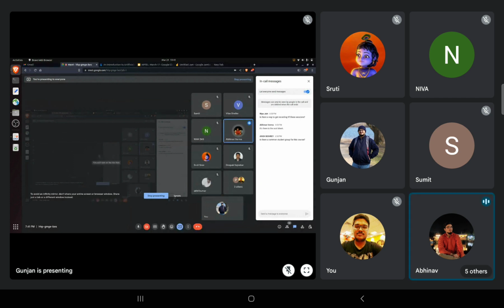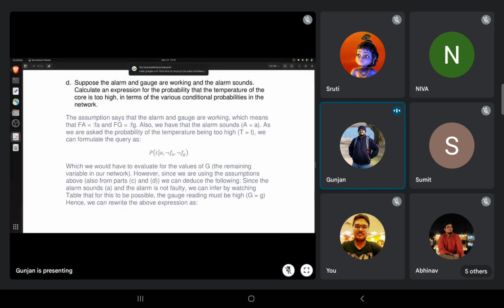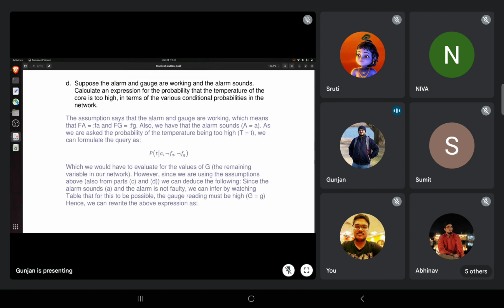Can you repeat it again, sir? Yeah. So what does the question say? The question says that the alarm and gauge are working. That means they are not faulty. So for FA we will have not FA, and for FG we will have not FG, right?